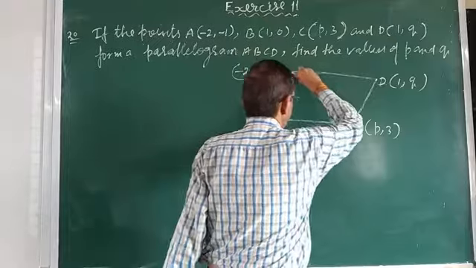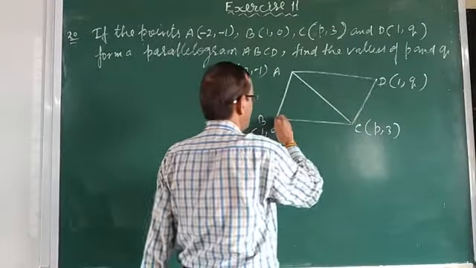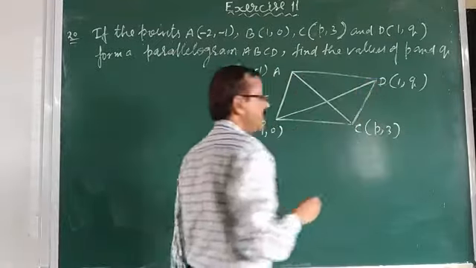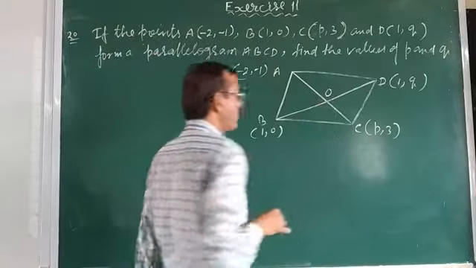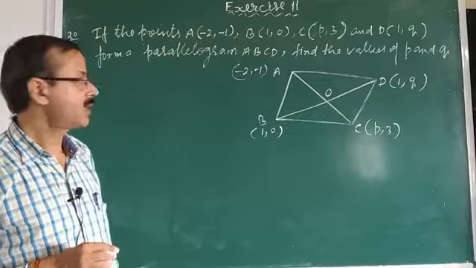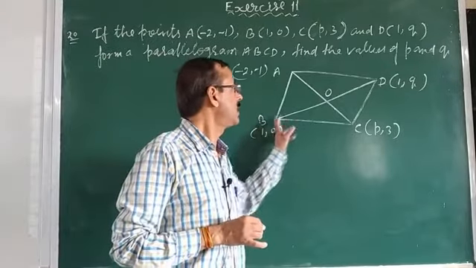Join the diagonals, as you did in the previous question. For question number 19, the same process has to be applied again here. What is O? O is the midpoint. So this midpoint will be the same for both diagonals AC and BD.